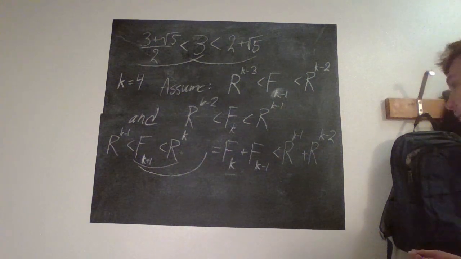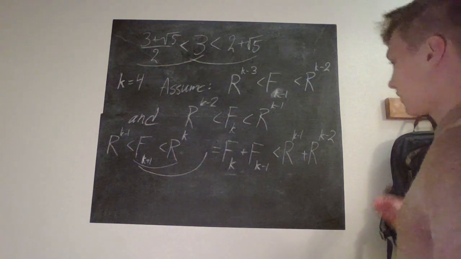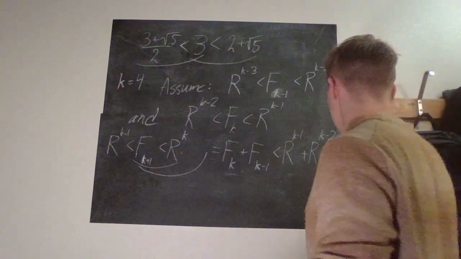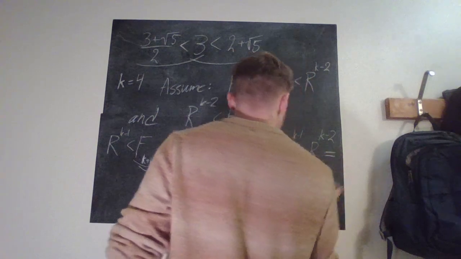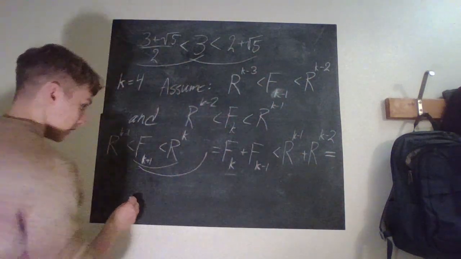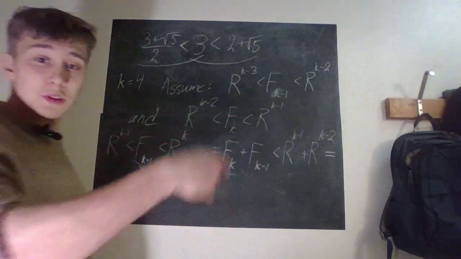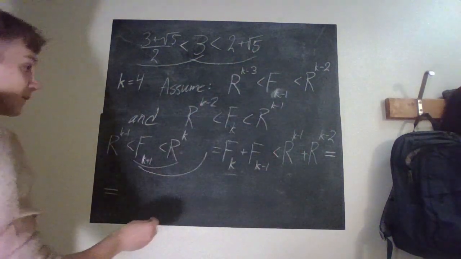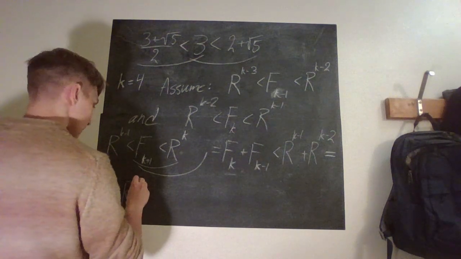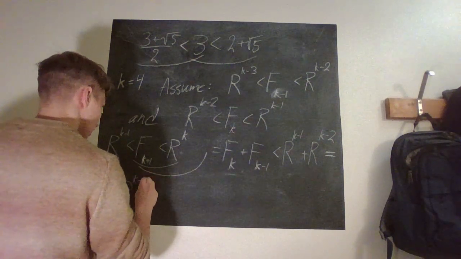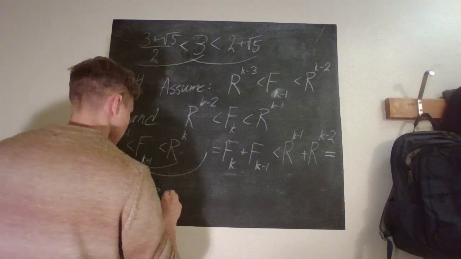Well, we utilize the handy trick with the golden ratio that we used before, the fact that 1 plus r is equal to r squared. So what is this here? This is r to the power of k minus 2 times r plus 1.